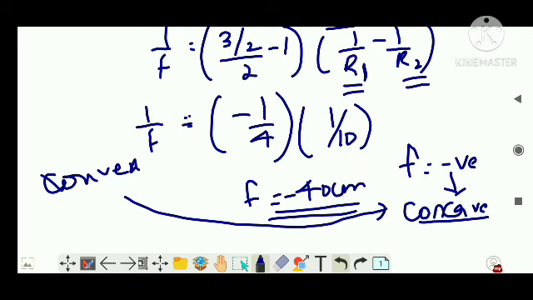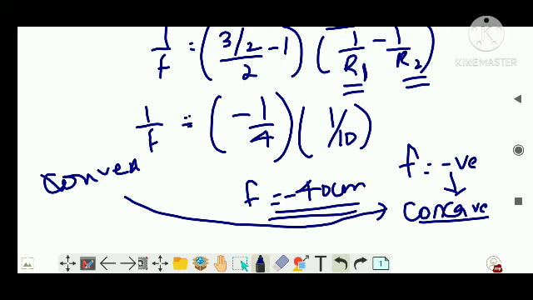That's why, during rain, when a person is using a power lens and water droplets fall on the glasses, it is very difficult to see. So it changes the focal length. I hope you understood.